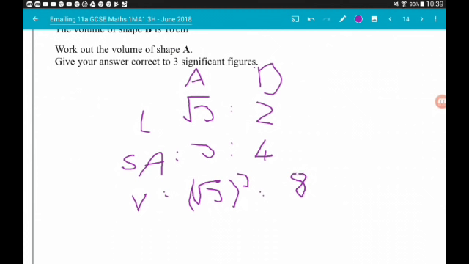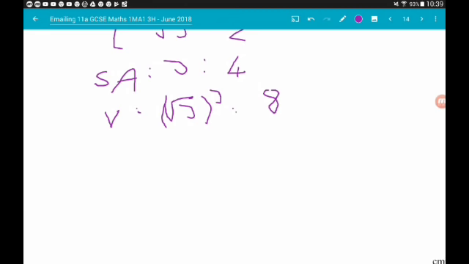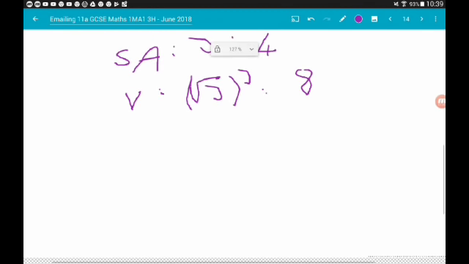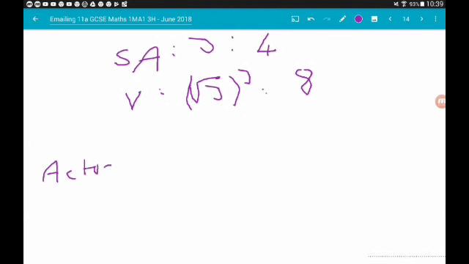Okay, so now we know the actual volume of B. So we can use the actual volume and this last ratio. So the actual volume, well, we know that the right hand side of the ratio is 10. So now we need to ask ourselves, how have we got from 8 to 10?